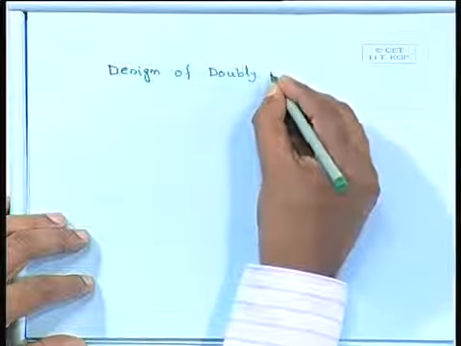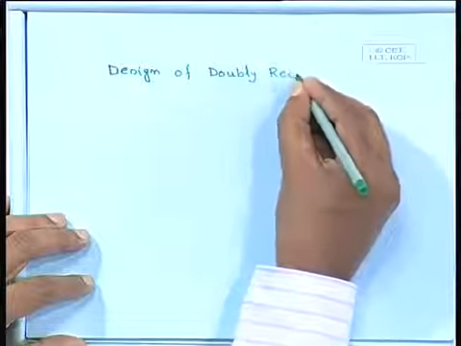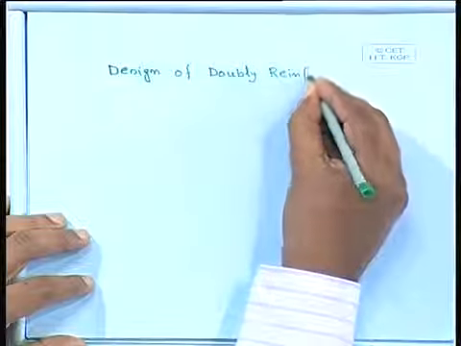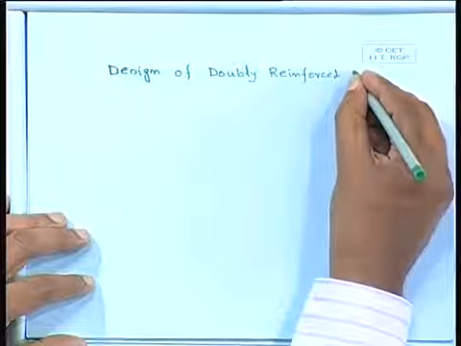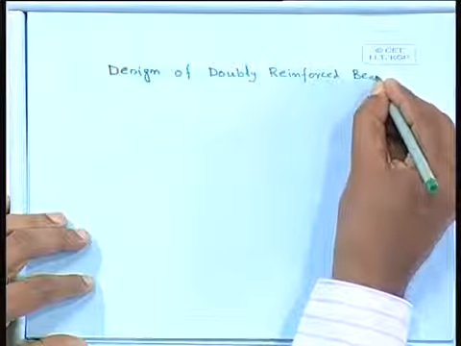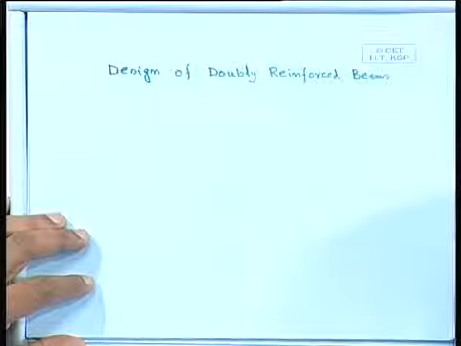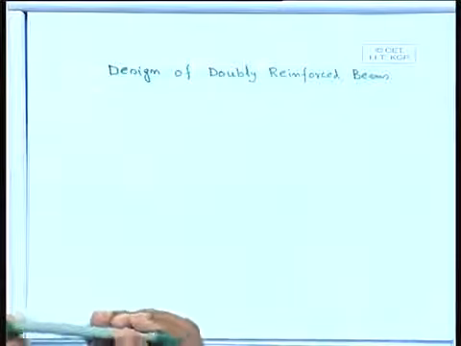So, doubly reinforced means reinforcement in the tension side as well as in the compression side.